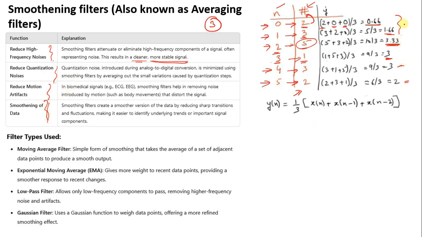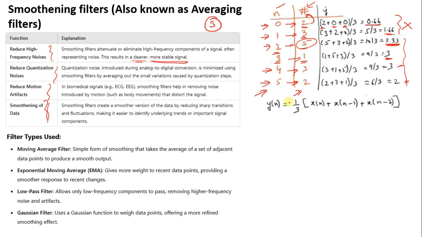If you eliminate these two readings, you are getting nearly a constant reading, a more stable reading. So in this way, we can smoothen the data using the smoothing filters. Basically, we have designed a simple moving averaging filter, a 3-point moving averaging filter.